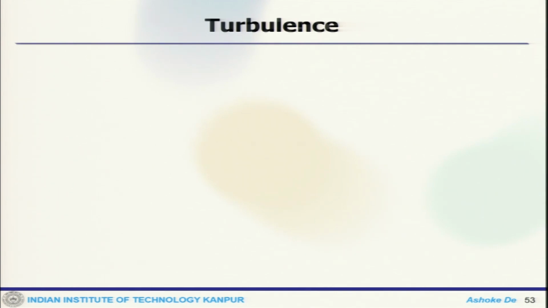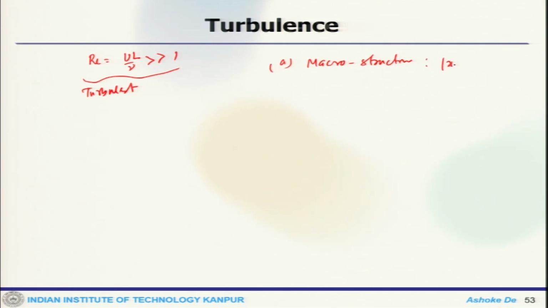Now, when you look at this, when my Reynolds number, which is U L by nu, is really high, that will lead to a turbulent situation. Now, the solutions there could be of two types, one could be macro structure, where this would be of the order of length.